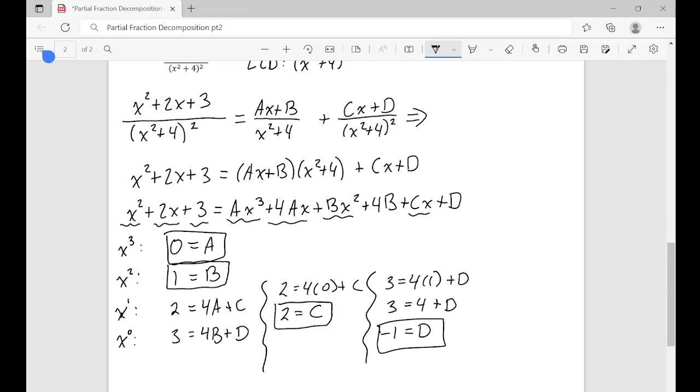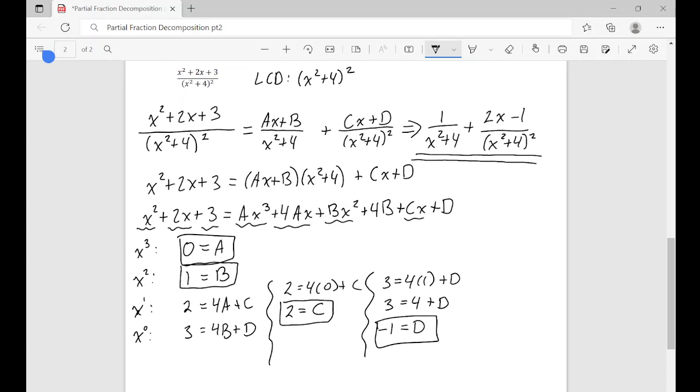So a is 0, so I don't really need to do anything, but b is 1, so I'm going to have 1 over x squared plus 4 plus c is 2 and d is negative 1, so 2x minus 1 over x squared plus 4 all squared. And this will be my partial fraction decomposition of the original expression.